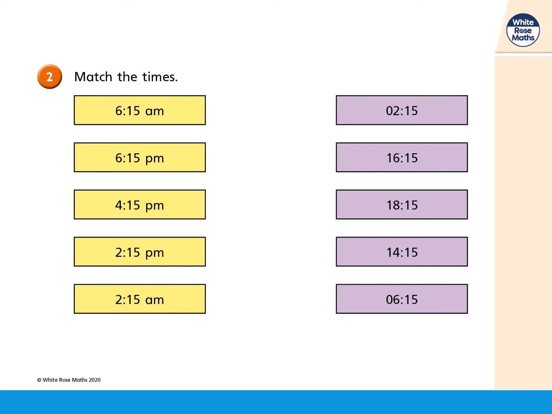So quite simply, I can tell straight away that 6:15 AM and 06:15 are the same. I look for more clues. Here's 2:15 AM and 02:15. They are the same. Are there any more AM times? No, the rest are PM.